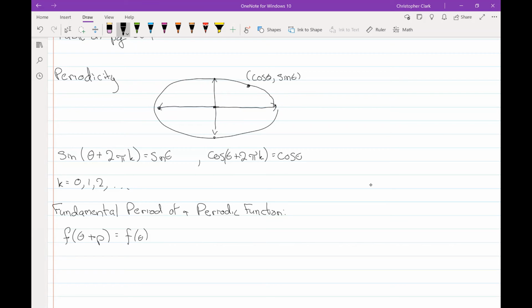The idea being that this p doesn't actually change what f of theta is, we say p is the fundamental period of this periodic function. So in this case, p is equal to 2 pi, because sine of anything plus 2 pi is just going to be that same thing. Similarly with cosine.